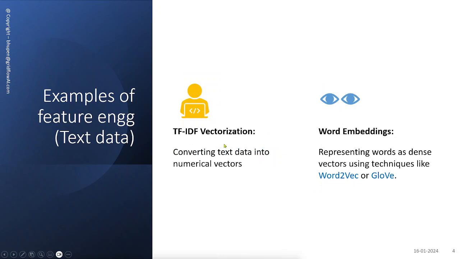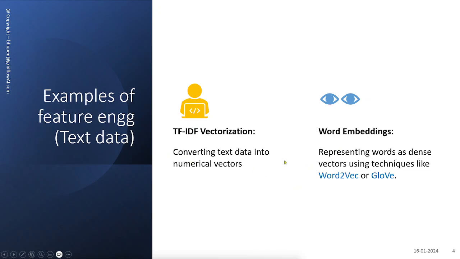Let's take a look at some of the feature engineering examples for the text data. As you know, the text data cannot be processed by computers directly, so we need a mechanism to convert the text data into numeric, and some of the methods are mentioned here, like TF-IDF vectorization and word embedding. These are nothing but algorithms which convert your text data into a number format.